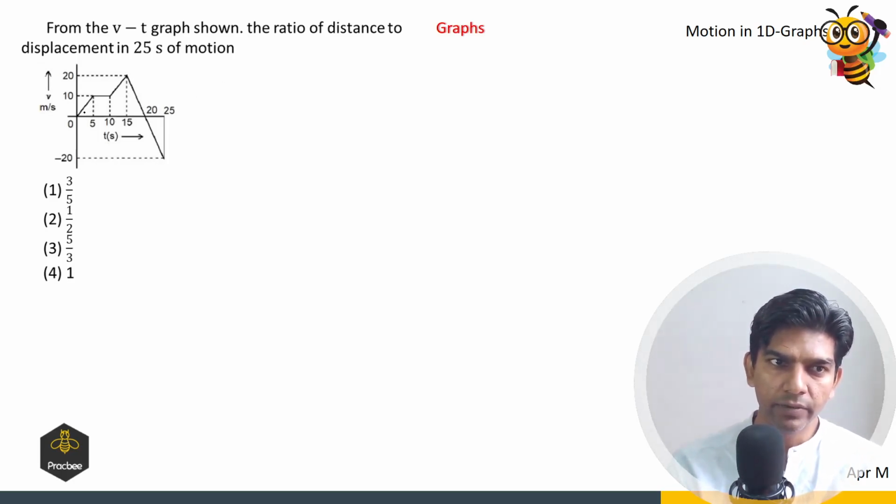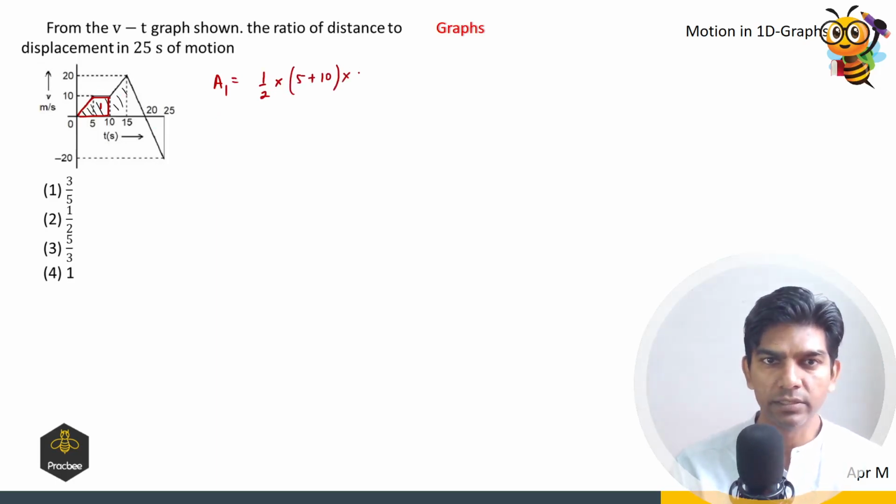So here we have a trapezium. There are two trapeziums, right? For this trapezium, let me call the area A1. A1 will be half the sum of parallel sides, which is 5 plus 10, and the distance between the parallel sides is 10.